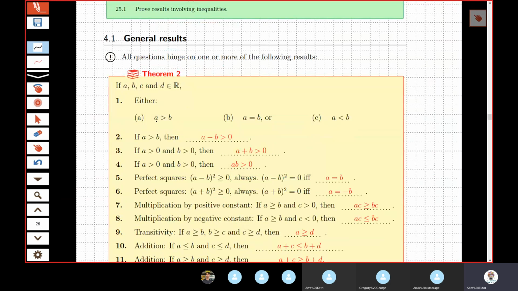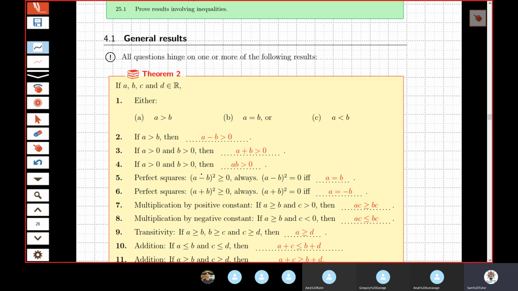Either that A is greater than B, A is equal to B, or A is less than B. So if A is greater than B, then you can actually say that A take away B is greater than 0. If A is greater than 0 and B is greater than 0, then you can also say A plus B is greater than 0. If A is greater than 0 and B is greater than 0, you can also say the product of these two things is greater than 0.